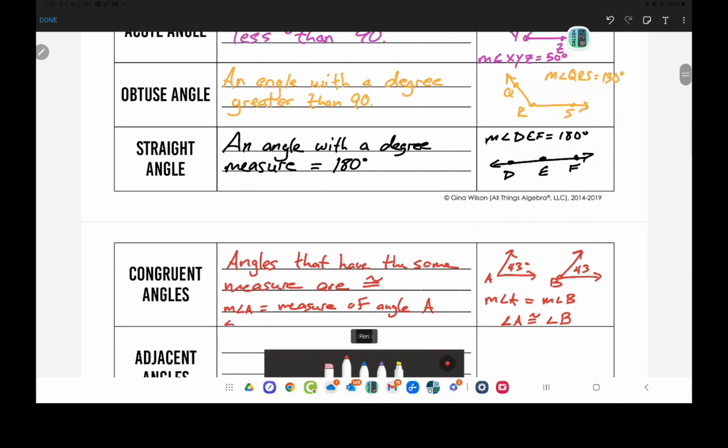Where just angle A is the angle. So it's important to know how to write these symbols and to understand what they are. When you're telling me the measure, if they ask what is the measure of something, make sure you use the correct symbols. You have to put the m there, otherwise you're telling me something different. It's almost like we're learning math grammar.